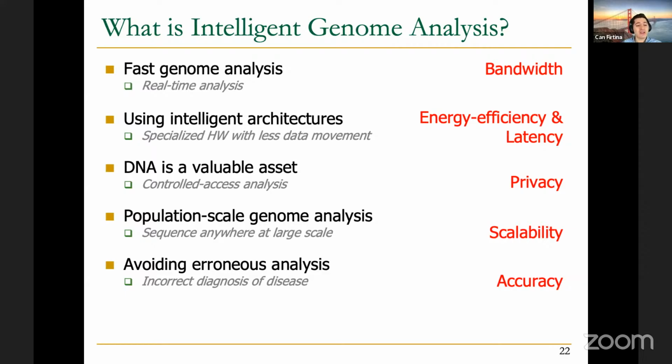For example, we don't want to diagnose someone with an incorrect disease, which could be disastrous for that person, right? So these are the directions that we're aiming to achieve intelligent genome analysis overall. And you're going to see that the projects are about at least one of these directions or more.